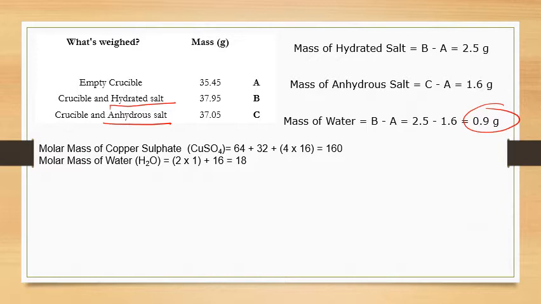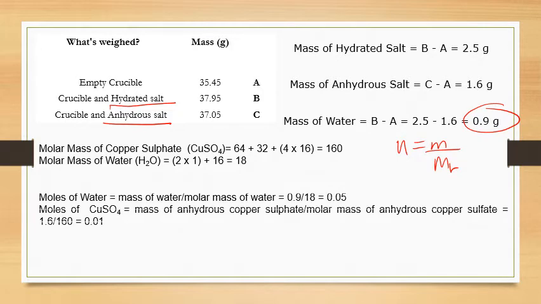The molar mass can be calculated for copper sulfate as 160 from your periodic table, and the molar mass of water can also be calculated from the periodic table to be 18. We can then use number of moles equals mass over molar mass. The moles of water equal the mass of the water divided by the molar mass of water, which is 0.9 divided by 18, which is 0.05 mole.